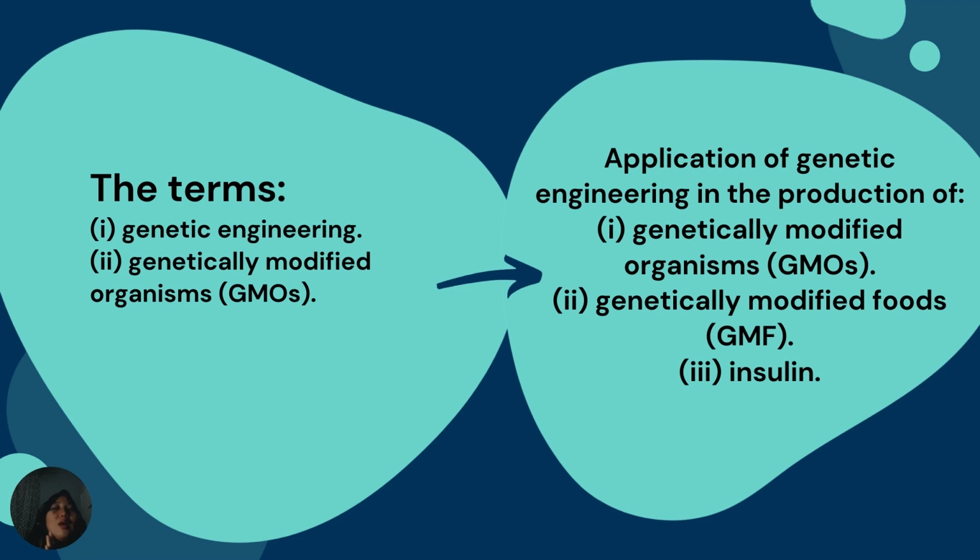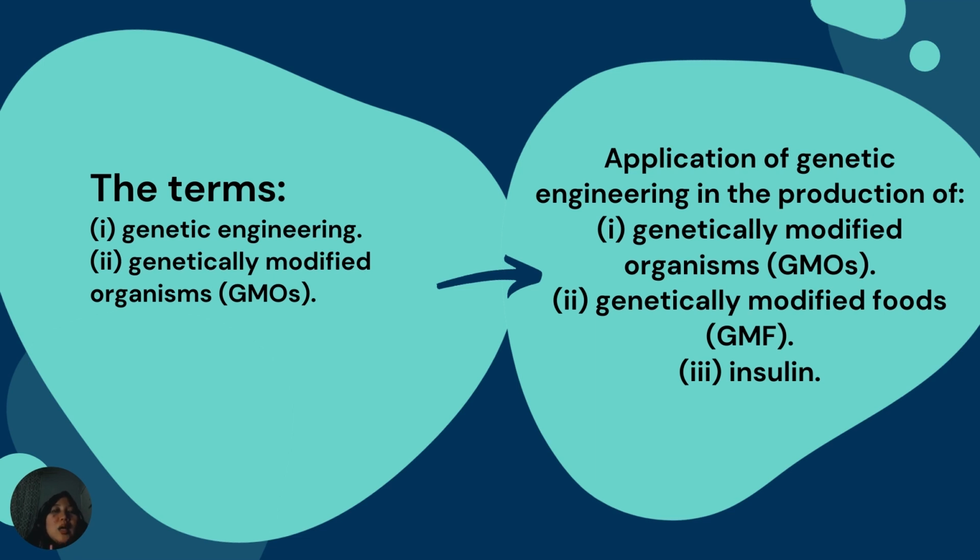Insulin kita bincang dalam silibus kamu tu lah yang lebih detail kita mau tengok. Maksudnya bermula daripada apa, insulin ni diambil daripada mana dan dimasukkan dalam mana, plasmid. Okay, and then genetically modified organisms and foods, kamu sudah tengok dia punya advantage dengan disadvantage.